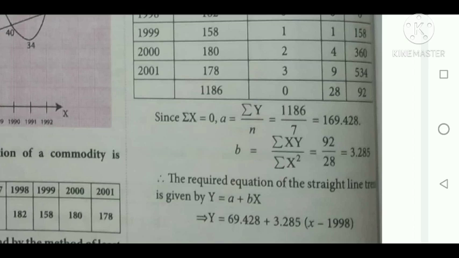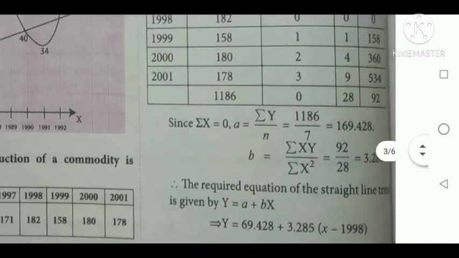The required equation of a straight line trend is given by y equal to a plus bX. The value of a equal to 69.428. That is a, listen here, is it 169 or 69? Correct it, some mistake is there.